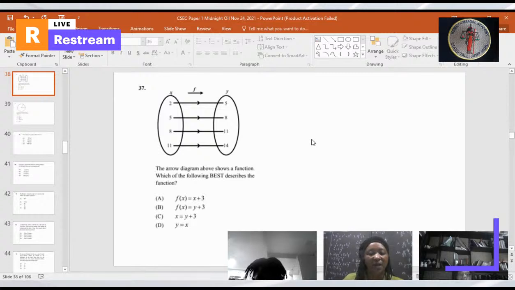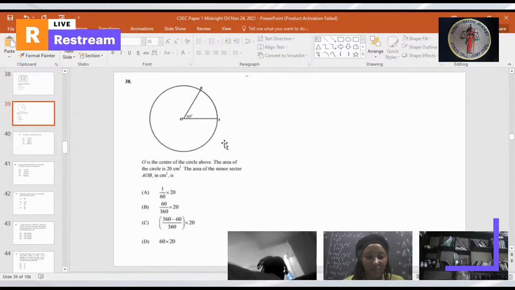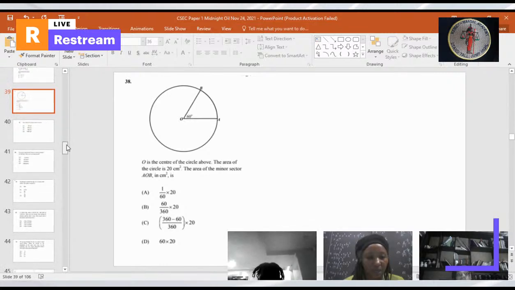So if we add 2 plus 3, we get 5, adding 3 to the x's. 5 plus 3, 8. Yes, that is correct. You notice how they shift it around in C, x equals y plus 3. If you're not minding your P's and Q's, you'd probably choose that one.